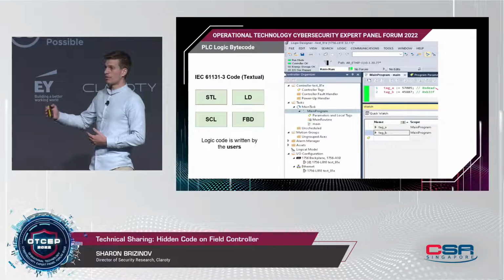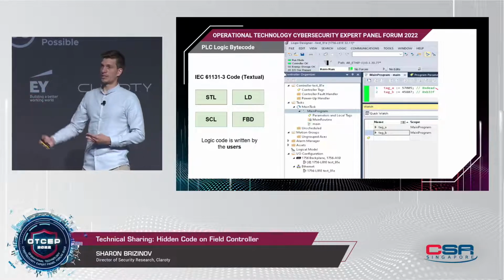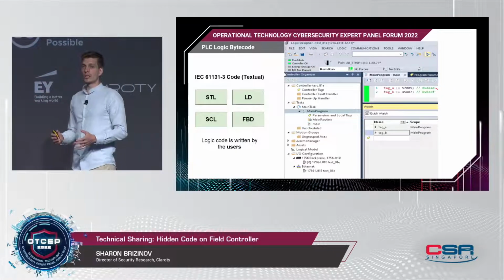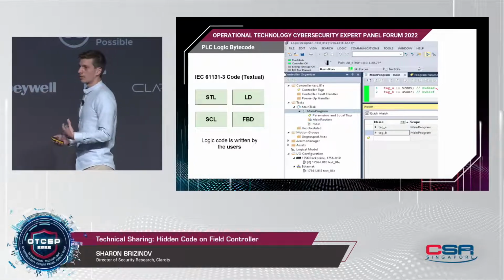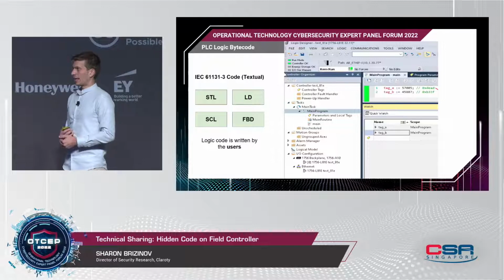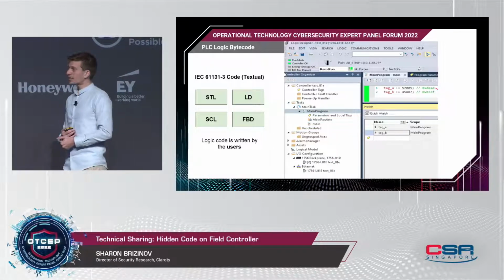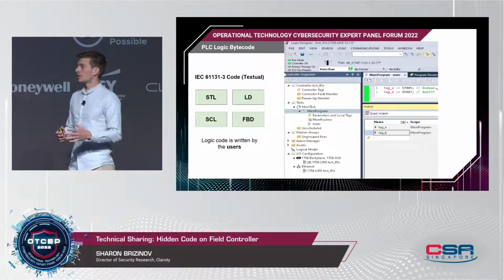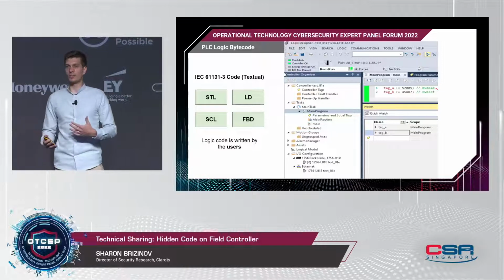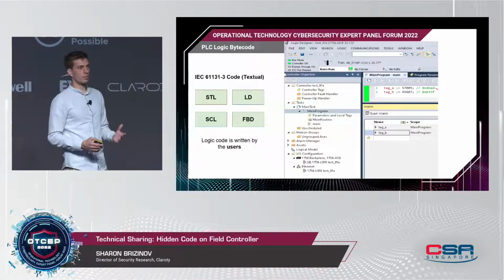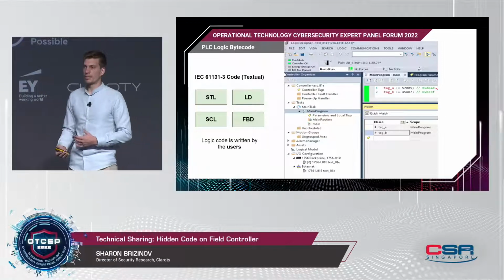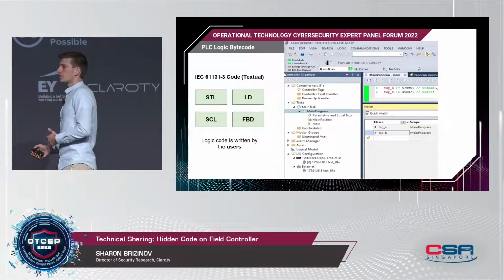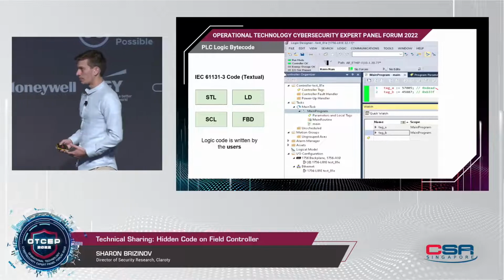So whatever the operator is seeing on his screen is what is supposedly or allegedly currently running on the PLC. And as we will see in a few slides, we were able to circumvent the reality from the engineering perspective, so they will think that this is the code that is actually running on the PLC, while it's not the actual code that's running on a PLC.